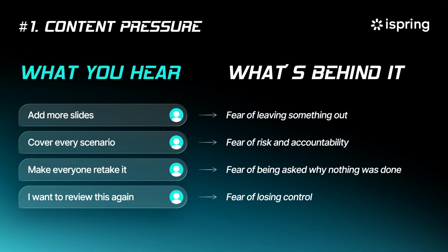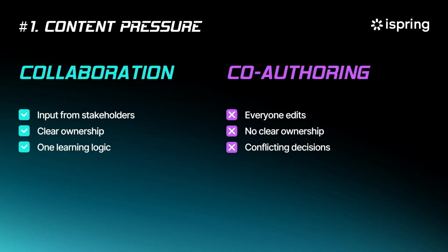If we implement every comment from the stakeholder, that's actually kind of switching the roles. In this way, your stakeholder will not be a part of the collaboration anymore. They want to be your co-author.